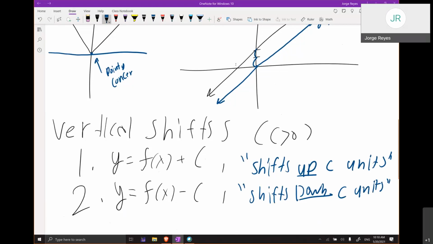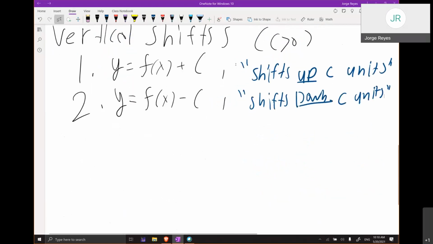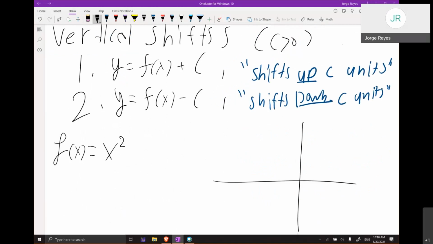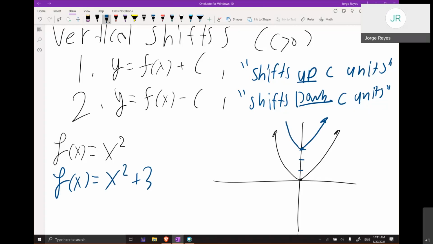So if I have a function, let's go with x squared, the original looks like this. If I were to just put a plus 3, that means I want to go up 1, 2, 3, and then I just kind of copy the function.